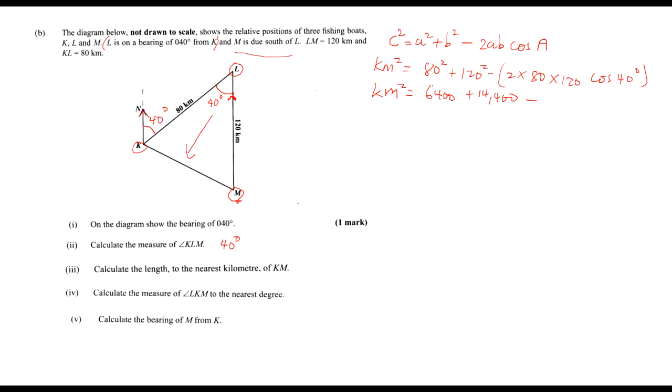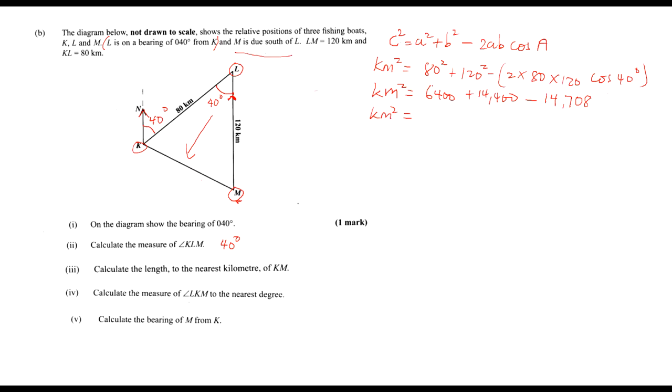So this will be 2 multiplied by 80 multiplied by 120 multiplied by cos 40, and that gives me 14,708.